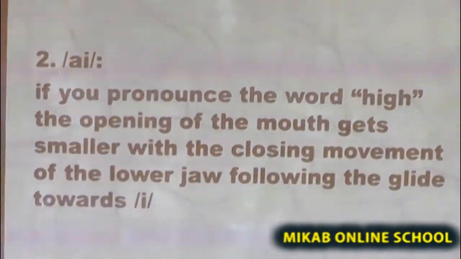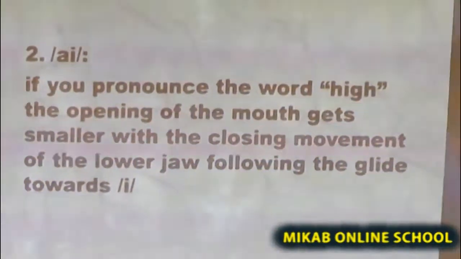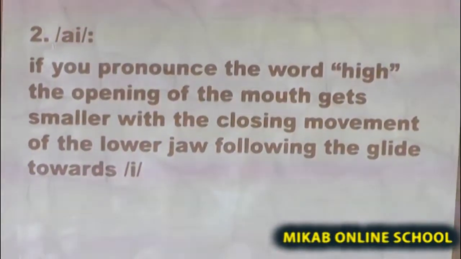The second one, when you look at this, we have the first sound combined with the second. Then when you bring the two together, it becomes one diphthong. For instance, if you pronounce the word high, the opening of the mouth gets smaller with the closing movement of the lower jaw, following the glide towards the second vowel.